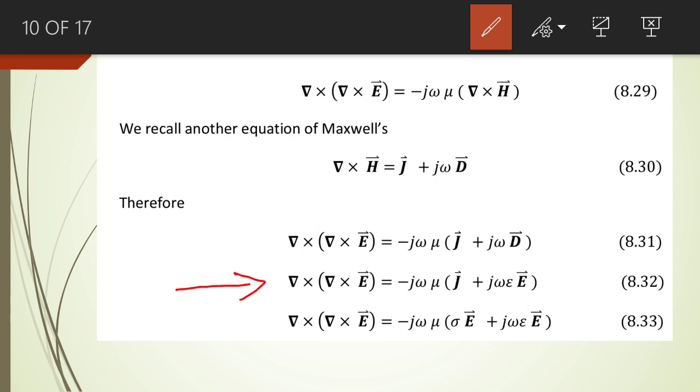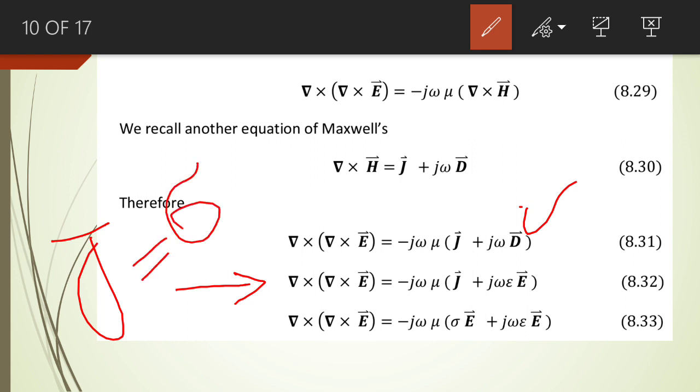The curl of the electric field intensity will be equal to minus j omega mu into J plus j omega epsilon E. So we replace the electric flux density by epsilon E, right? And we know that the conduction current density will be equal to the conductivity, which is represented by sigma, multiplied by the electric field intensity.